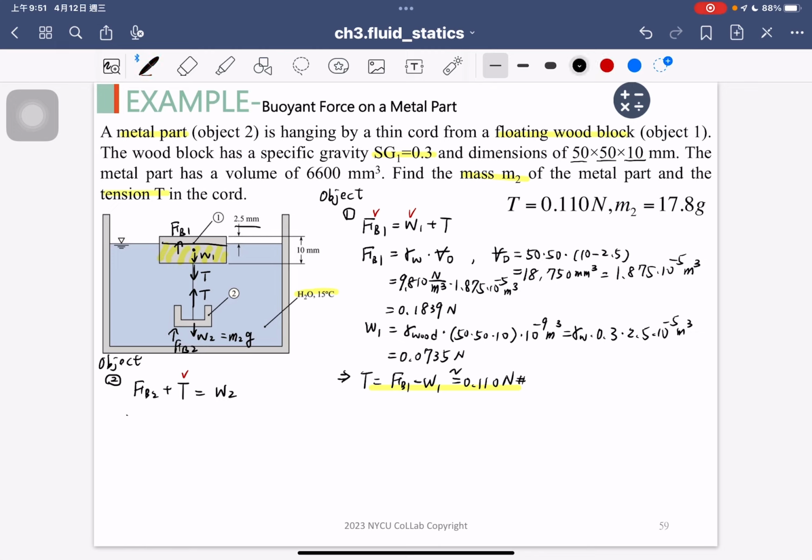So again, we know FB2 will equal gamma W multiplied by the displaced volume of the body.